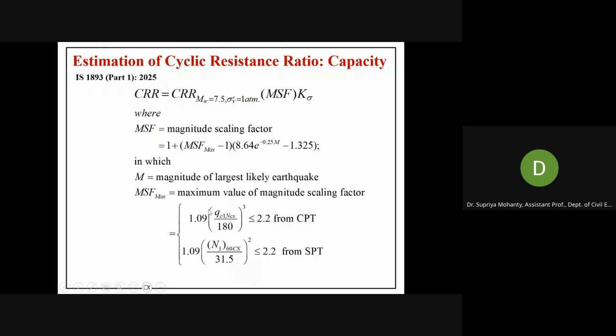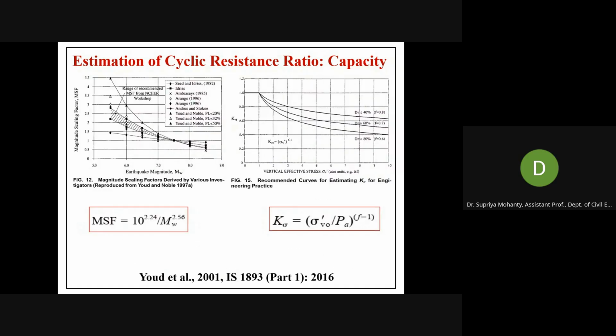QC1NCS is the corrected tip resistance, obtained from the CPT, cone penetration test, and N160CS is the corrected N value obtained from the SPT test. So this is the change in the 2016 version as compared to this 2025 version. Previously, for MSF we had considered this expression: 10 to the power 2.24 divided by MW to the power 2.56.